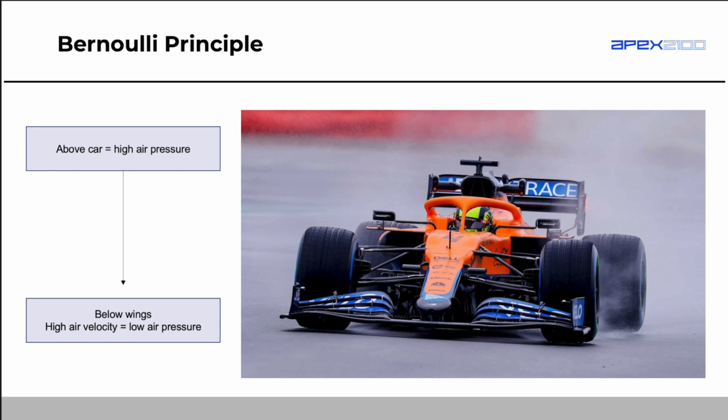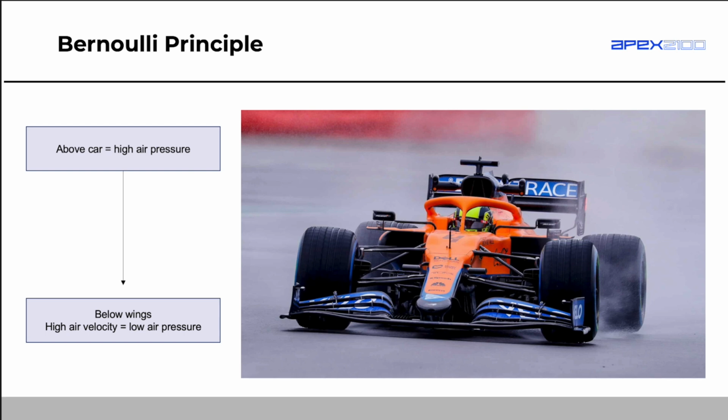So what's happening with the air pressure is above the wings of the F1 car, the air pressure is higher, which means the air velocity is lower. The velocity of the air underneath the wings is higher, which creates low pressure air.